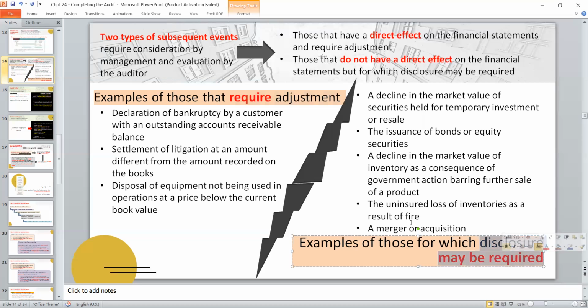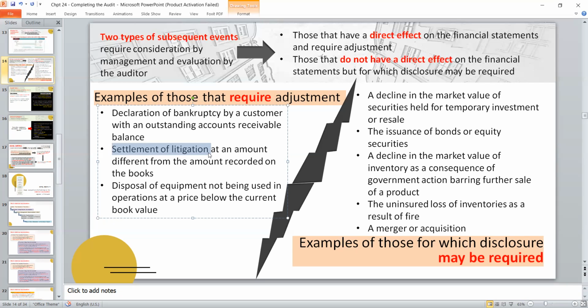Okay, what are examples of direct effects that need to be adjusted and indirect effects that need to be disclosed? If the company declares bankruptcy, of course you need to make an adjustment, especially for impairment. Settlement of litigation, ya, ada kasus hukum yang sudah selesai.